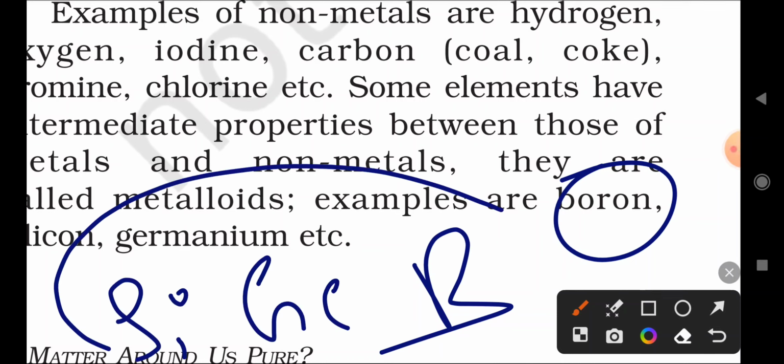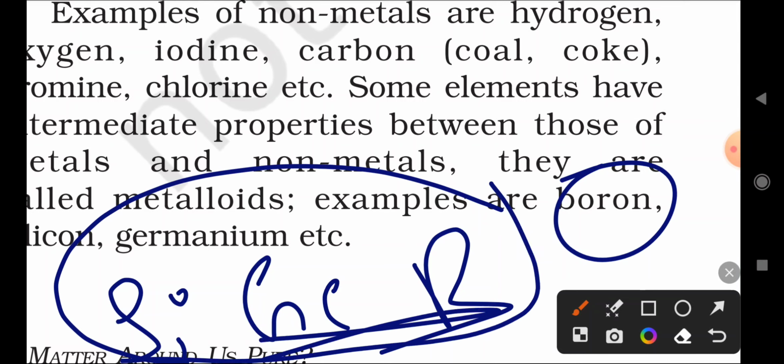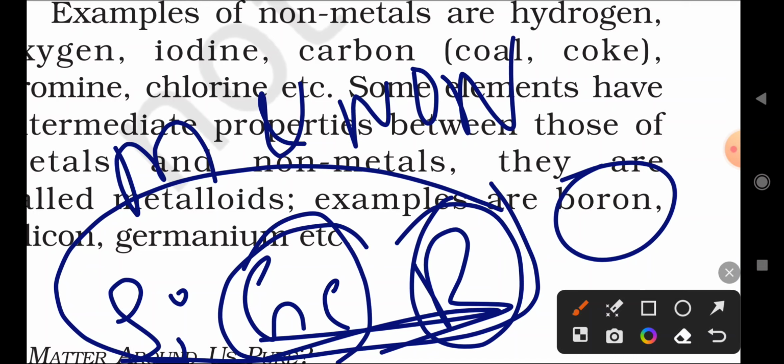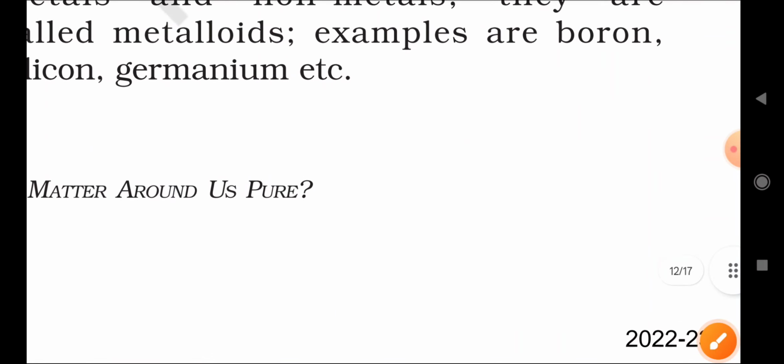These are some examples of metalloids, which show the properties of both metal and non-metal.